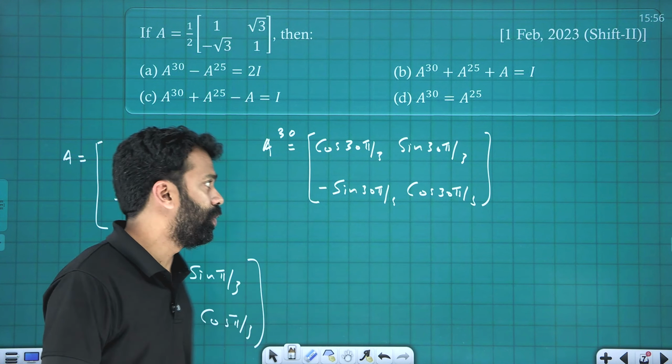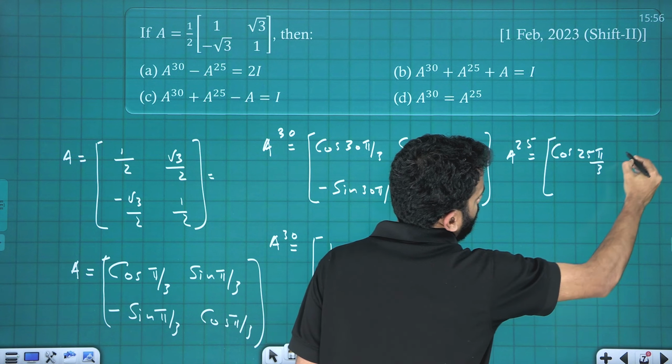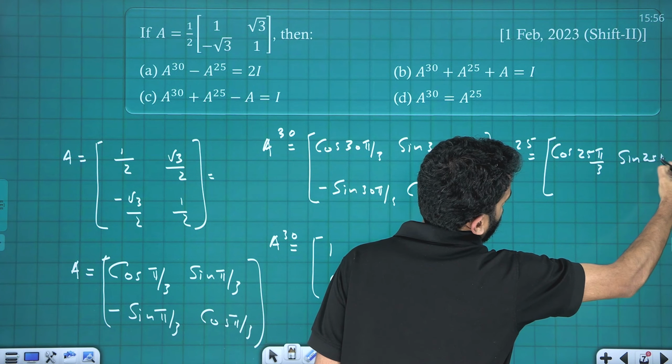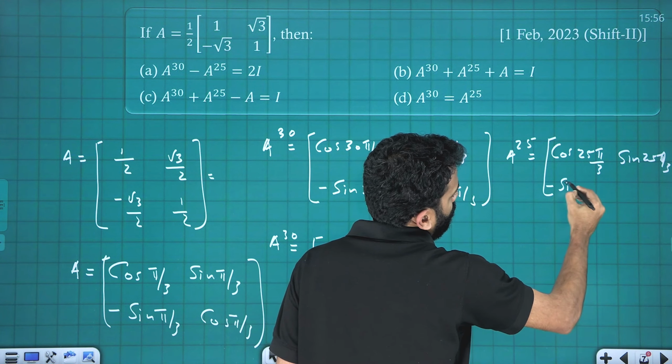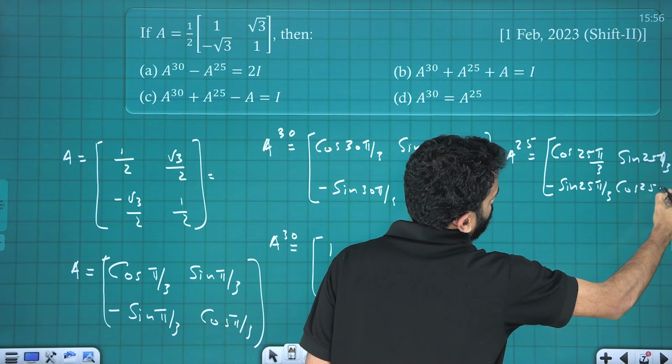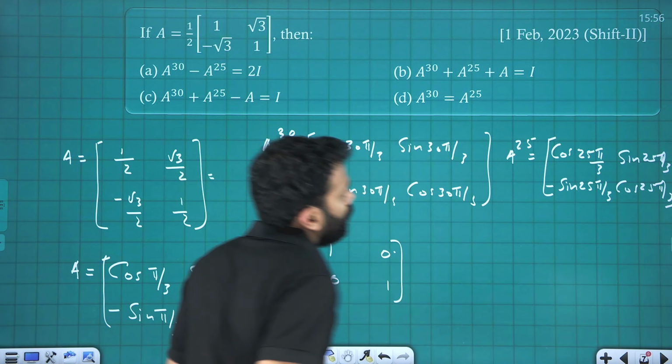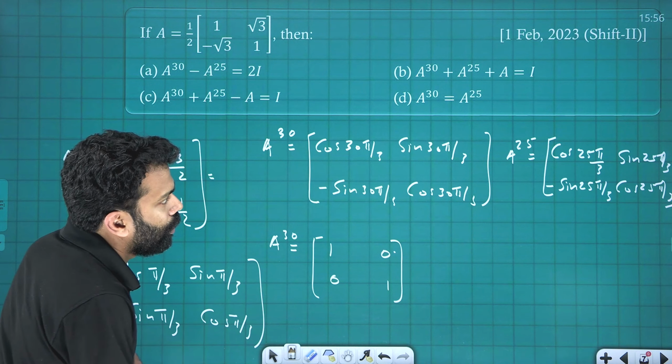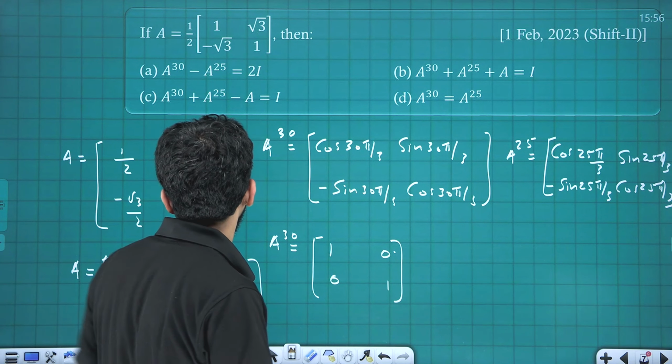Okay, so A raised to 30 is an identity matrix. Okay, and what about A raised to 25? A raised to 25 is equal to cos 25 pi by 3, sin 25 pi by 3, minus sin 25 pi by 3 and cos 25 pi by 3. Okay, so you need to find the values of cos 25 pi by 3 and sin 25 pi by 3.